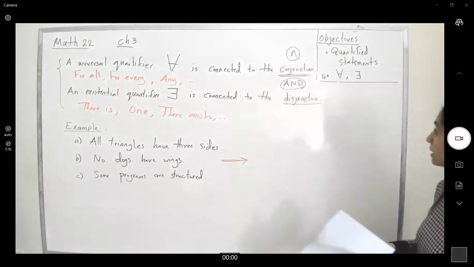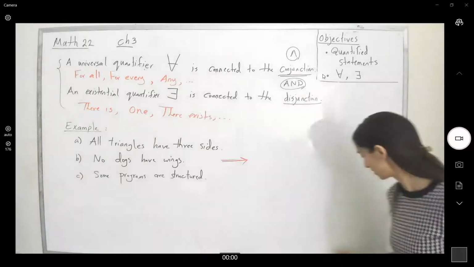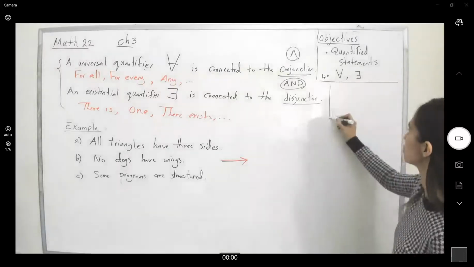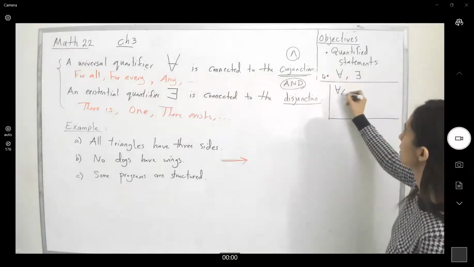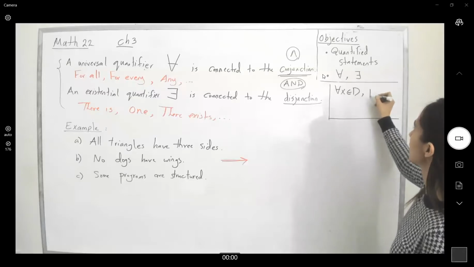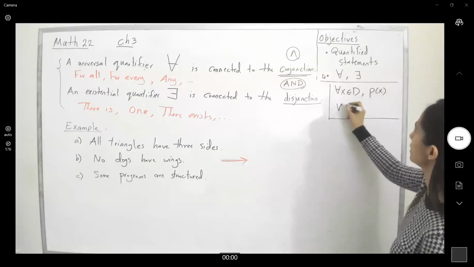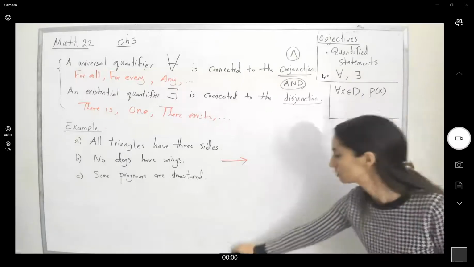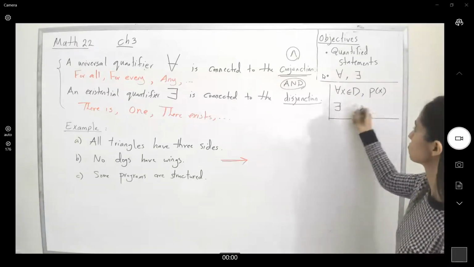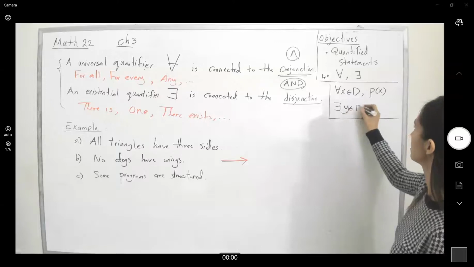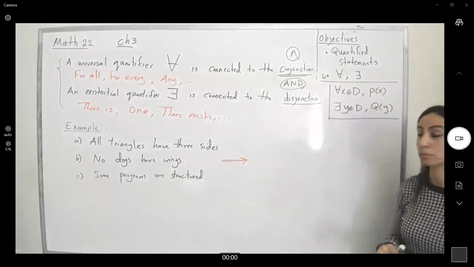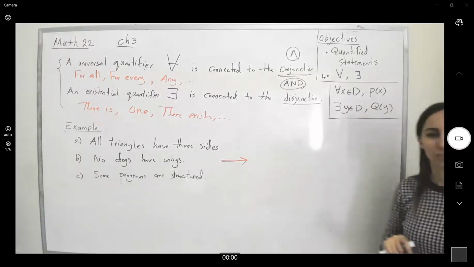First of all, remember that when you're translating using quantifiers, remember to have the domain as well. So for any x in D such that p of x, there is, for example, y in D such that q of y for the rest of it. So don't forget to mention the domain.